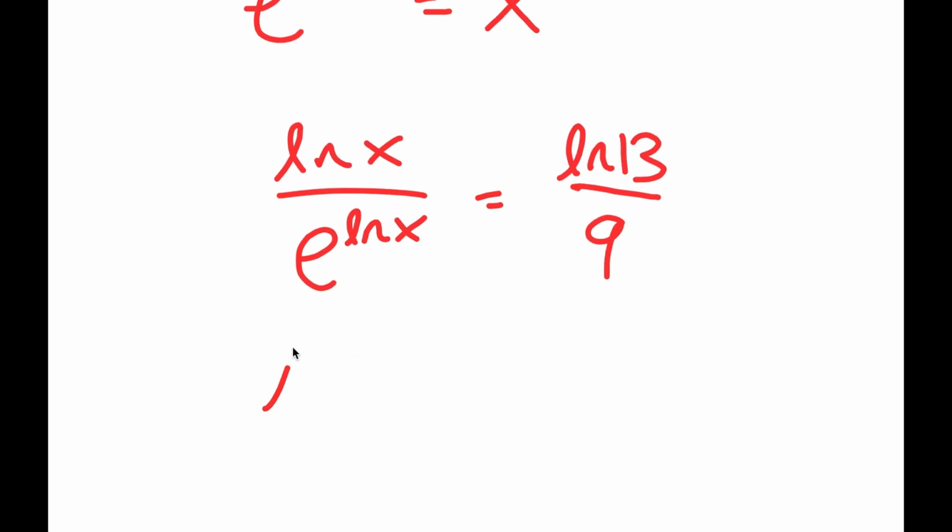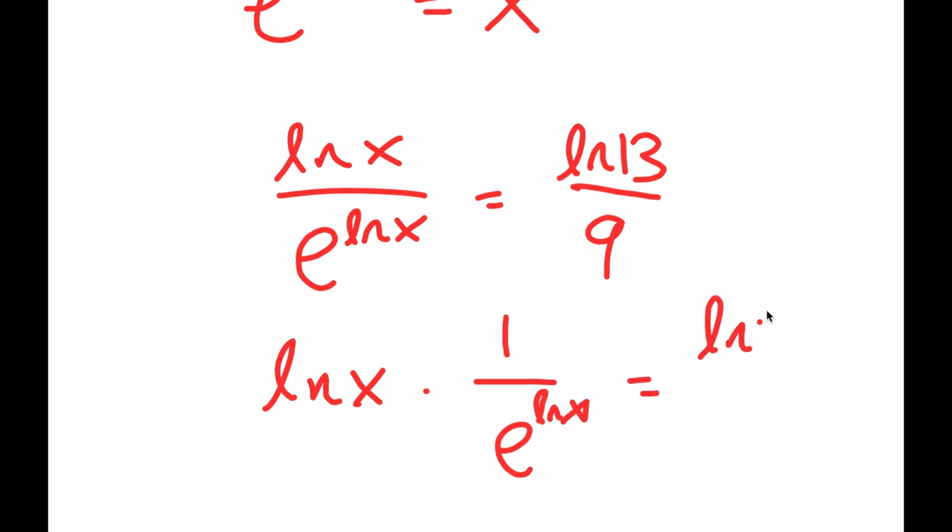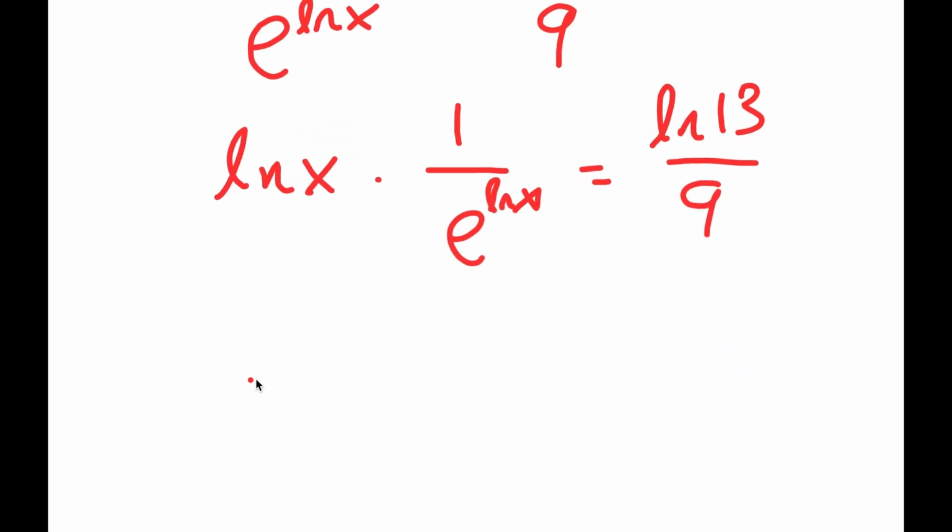So now this is the same thing as ln x times 1 over e to the power of ln x is equal to ln 13 over 9. And 1 over e to the power of ln x is the same thing as e to the power of negative ln x.